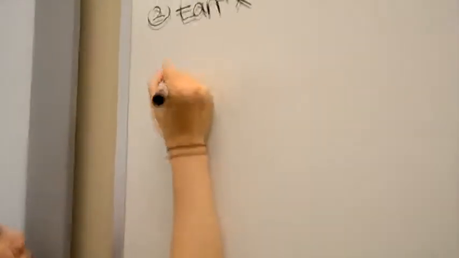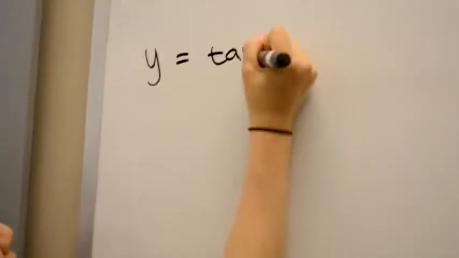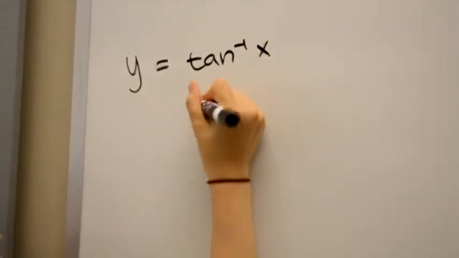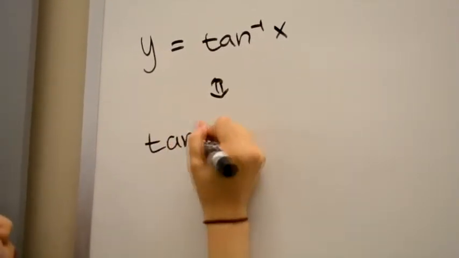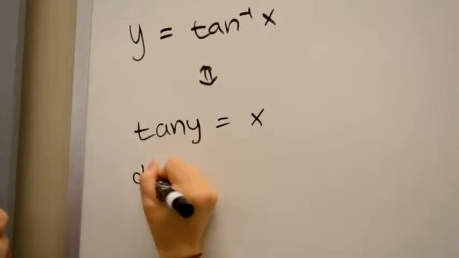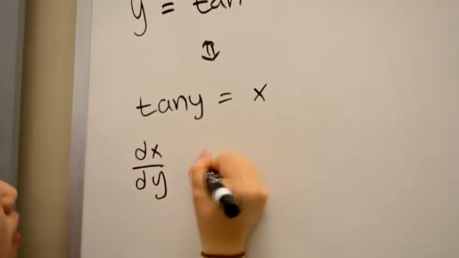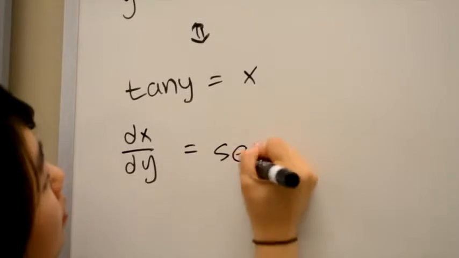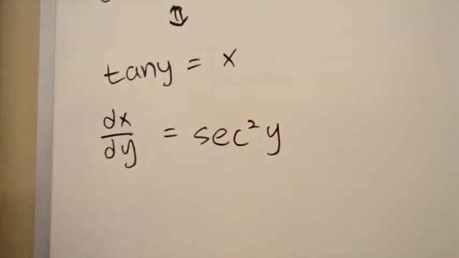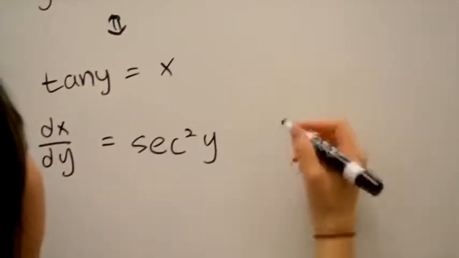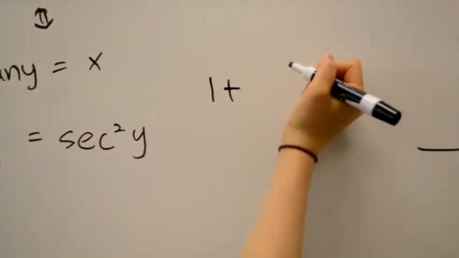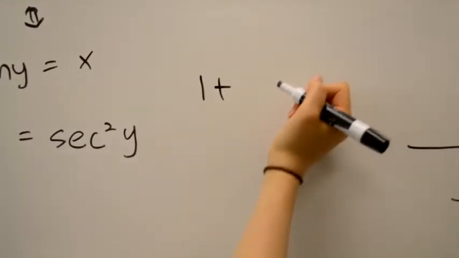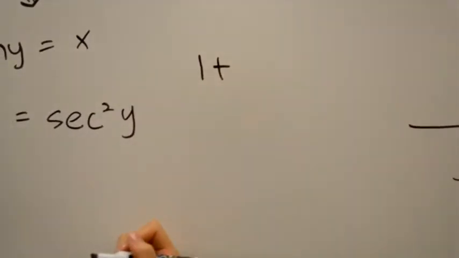So now we're going to actually prove the derivative of the inverse tangent x. And we're going to take the derivative with respect to y, which is going to give us dx dy equals secant square y. And by using the trigonometric identities here, again, we know that 1 plus tangent square y equals secant square y.